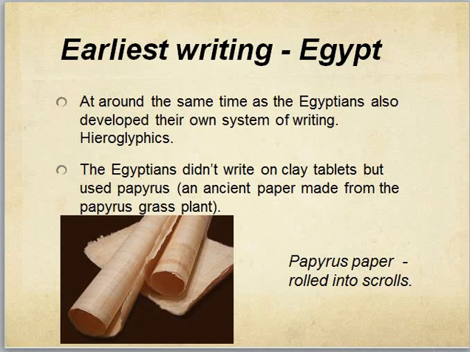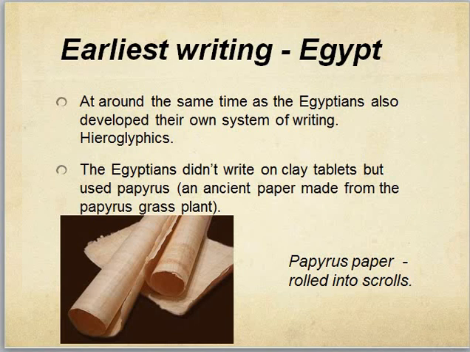Earliest writing in Egypt. Just like the Sumerians, the Egyptians also used currency, but the way of using currency is different from the Sumerians. At around the same time, the Egyptians developed their own system of writing, and this is called hieroglyphics.